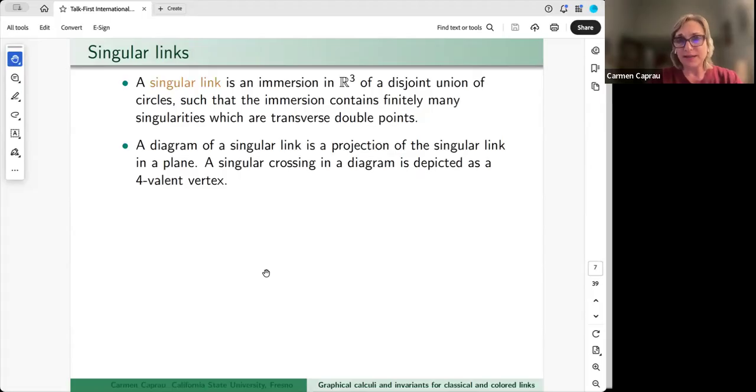We allow only finitely many singularities for those immersions, and we impose that those singularities are always transverse double point singularities. And then also for singular links, we work with diagrams of them, which are projections of singular links into a plane. And besides the classical crossings, we have singular crossings that look like four-valent vertices.